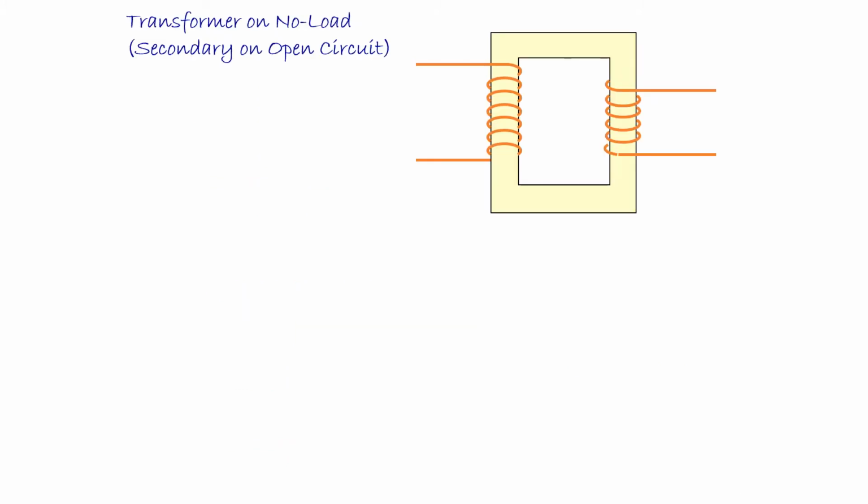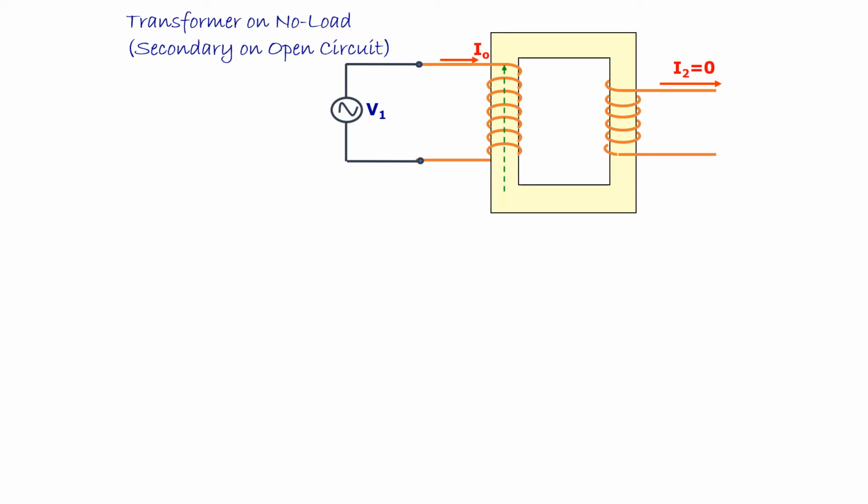We will understand the transformer on no load condition. That means the secondary winding is on open circuit. The supply is given to the primary winding. The input current is the no load current I0. The secondary current is 0.